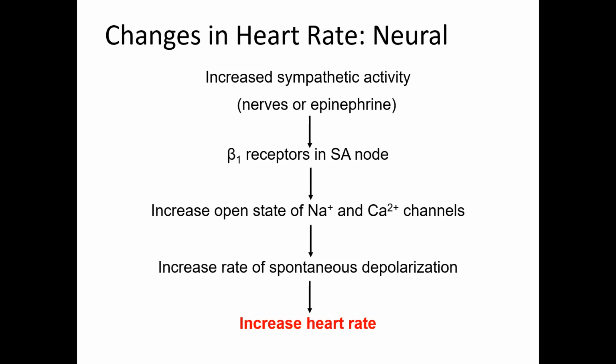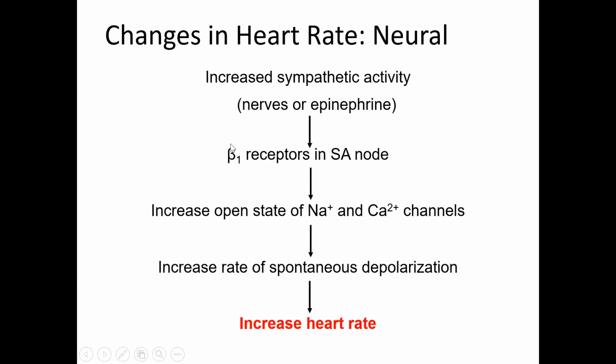Let's talk about the neural input affecting the heart rate. So we know that if we increase the sympathetic influence, nerves or epinephrine, so epinephrine either coming from the medulla, which goes via the bloodstream, or epinephrine that's being transmitted at the ganglia or at the synapse, which is in the form of a neurotransmitter. Both of these forms of epinephrine will activate beta-1 receptors of the SA node.